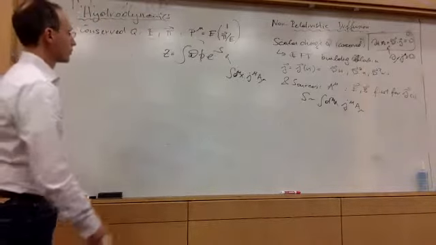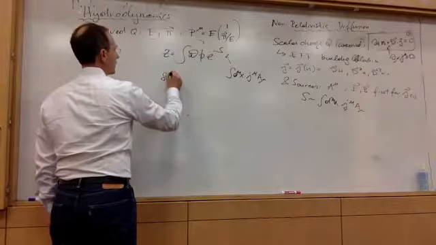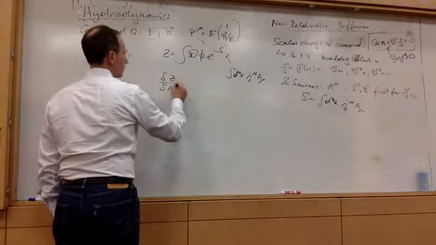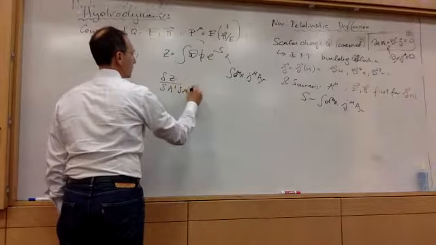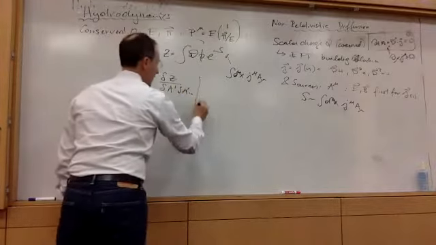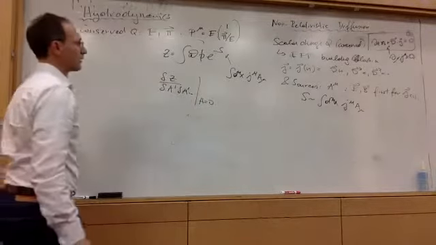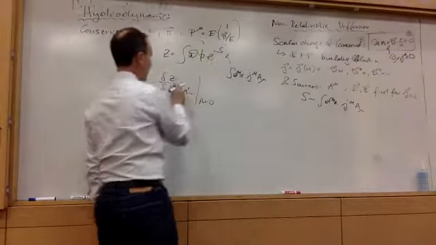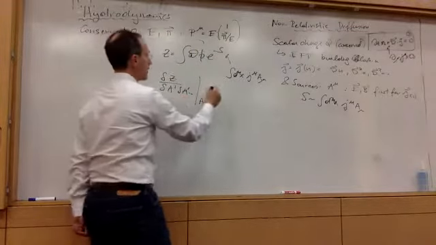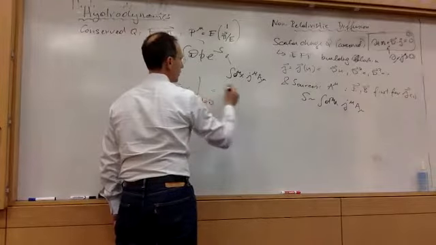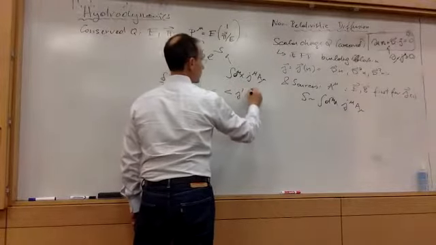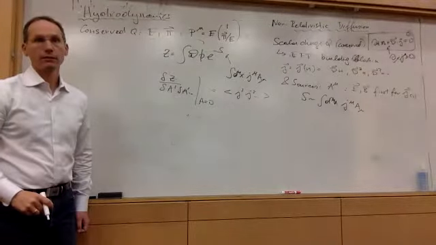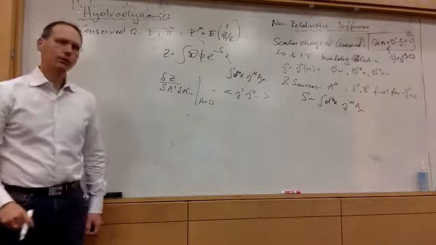So if I do that, then I can calculate dZ by dA1, dA2, whatever, and I evaluate this at A equal to 0 in the end. If I do a functional derivative, this will bring down J's every time I differentiate with respect to one of the A's. So I will get an expectation value of J1, J2, and so on, if I calculate this functional differential.